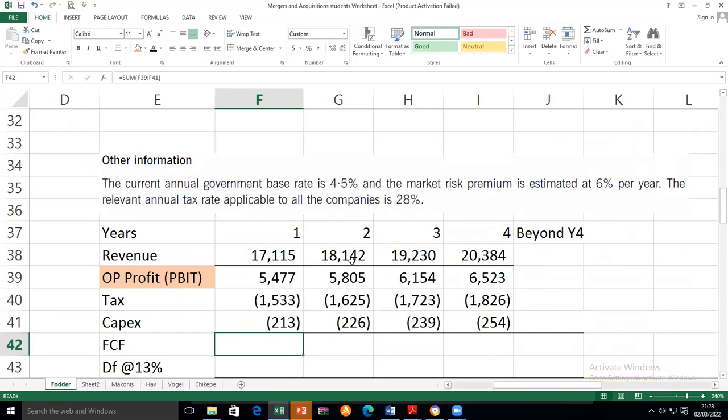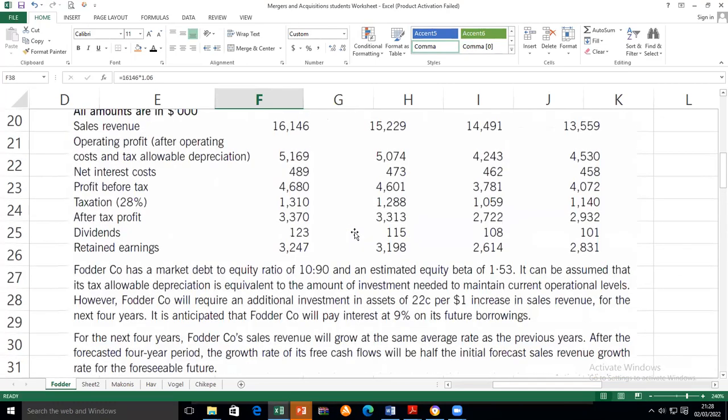What of the following year? 18,142 minus 17,115. That's the increase in sales. You multiply that by what? 22 cents per dollar.